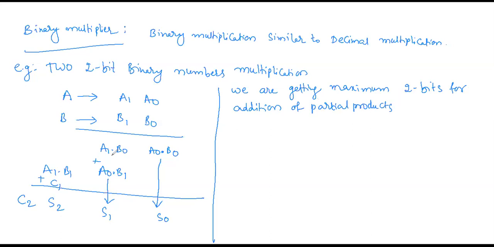Partial products means A1 B0, A0 B0, A0 B1, A1 B1. So use half adder.